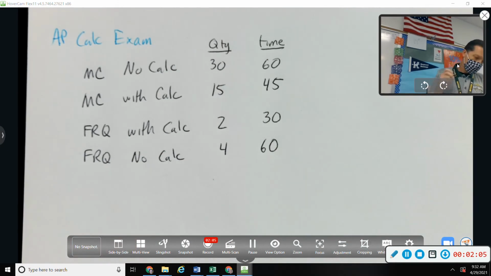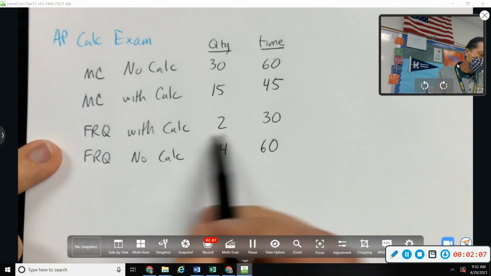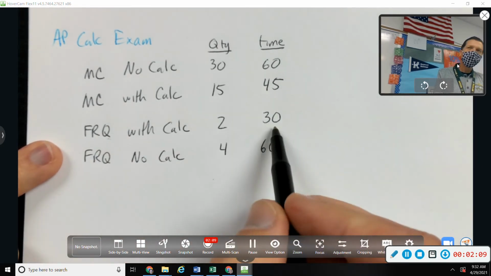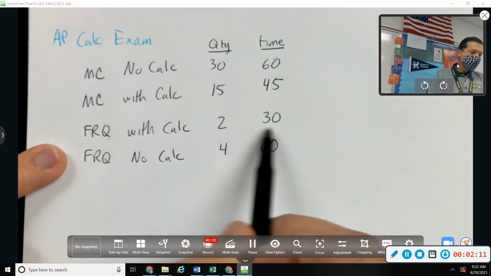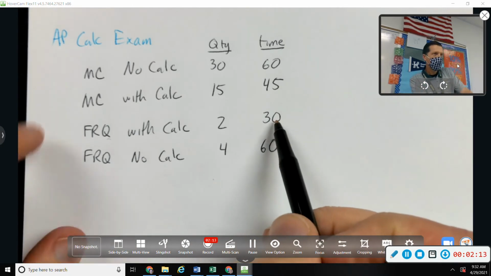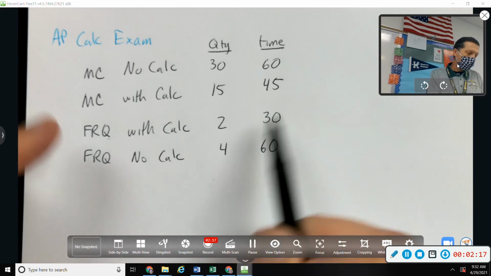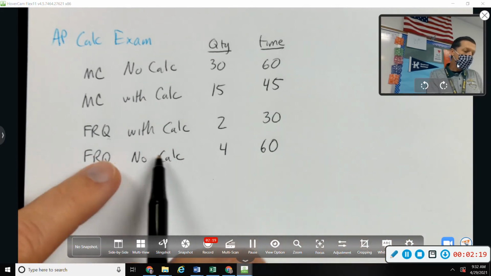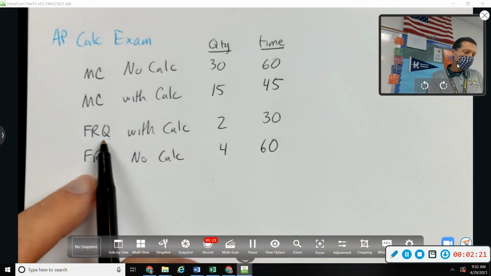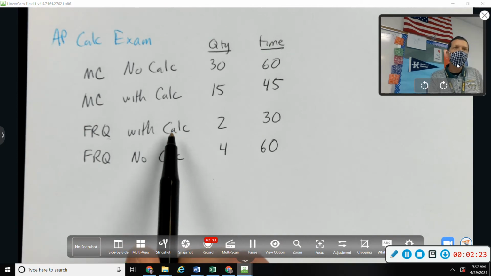A couple of things, if I remember right, on the free response questions: basically you get 30 minutes with your calculator. After the 30 minutes, you put your calculator away and you can move on to this section, but you can still go back to the with calculator section. You just can't use your calculator.